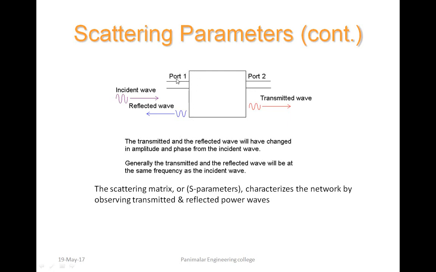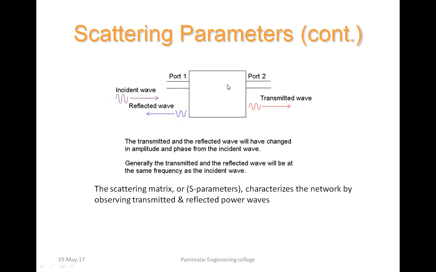One is from port 1 to the device, another is from the device to port 2. If the input signal, which we call the incident wave, because of impedance mismatch is allowed to get reflected back in the same direction, some of the energy is reflected back in the same port.